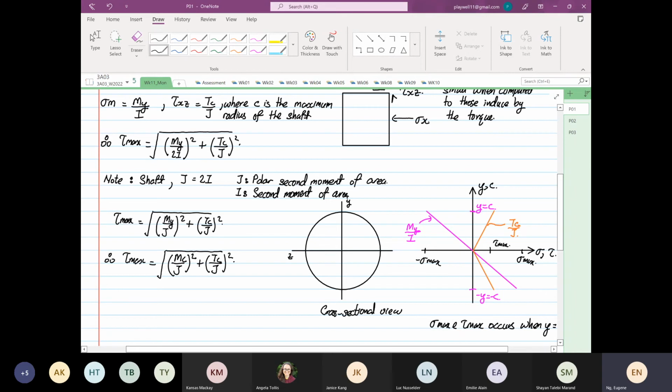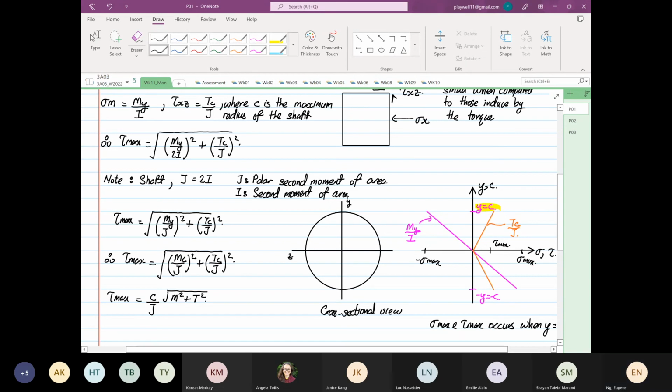So I replace the y with c because both of them are the same magnitude when it's at its maximum, either maximum normal stress or maximum shearing stress. Then I can bring this out, where we have c over J square root of moment squared plus torque squared.